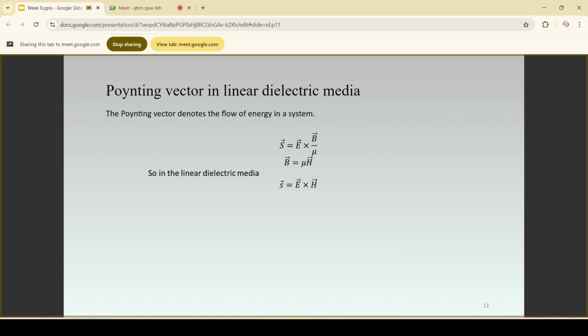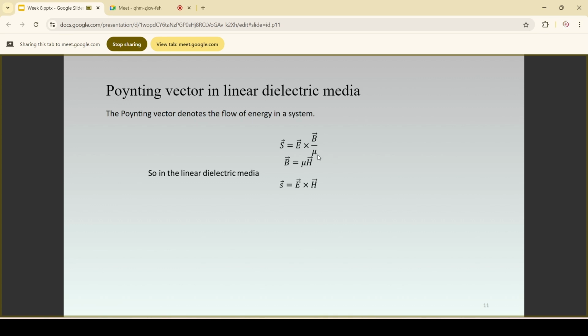So from there you can calculate the B, and this is how this Poynting vector is being rephrased in a dielectric medium.